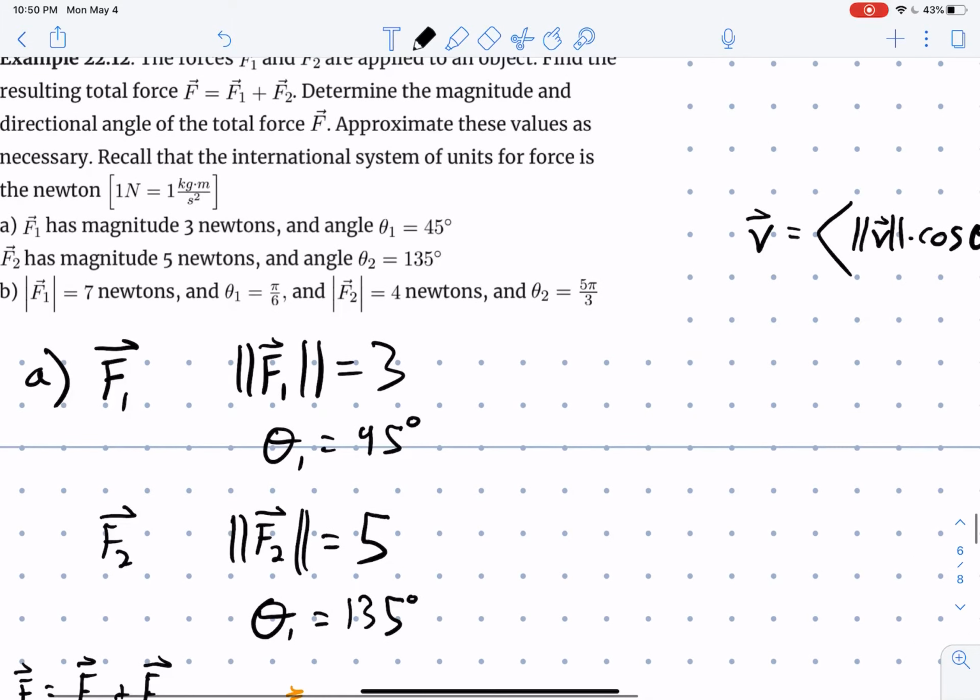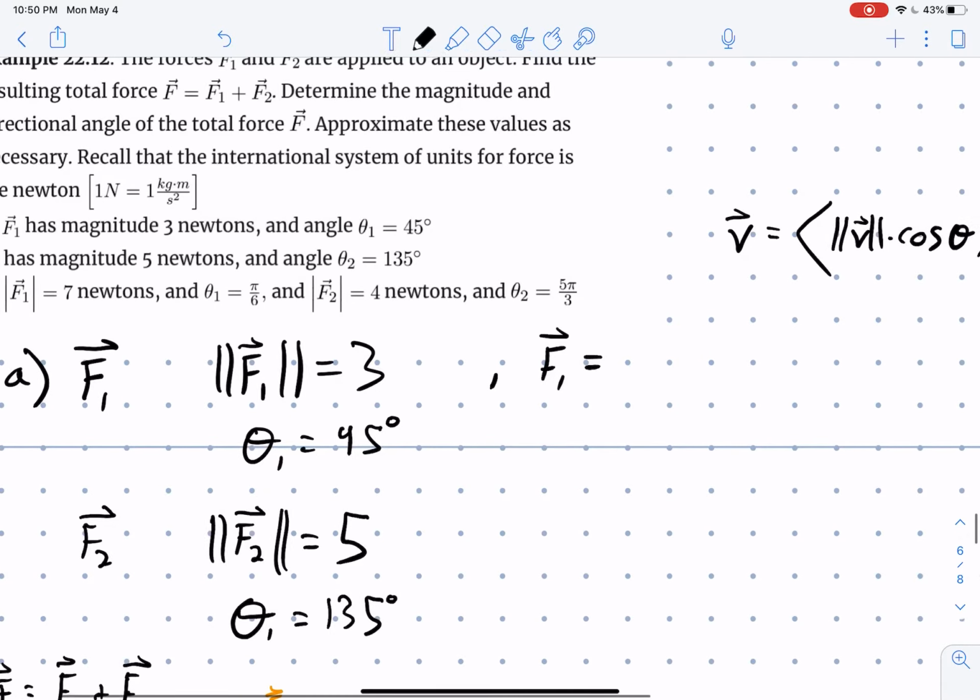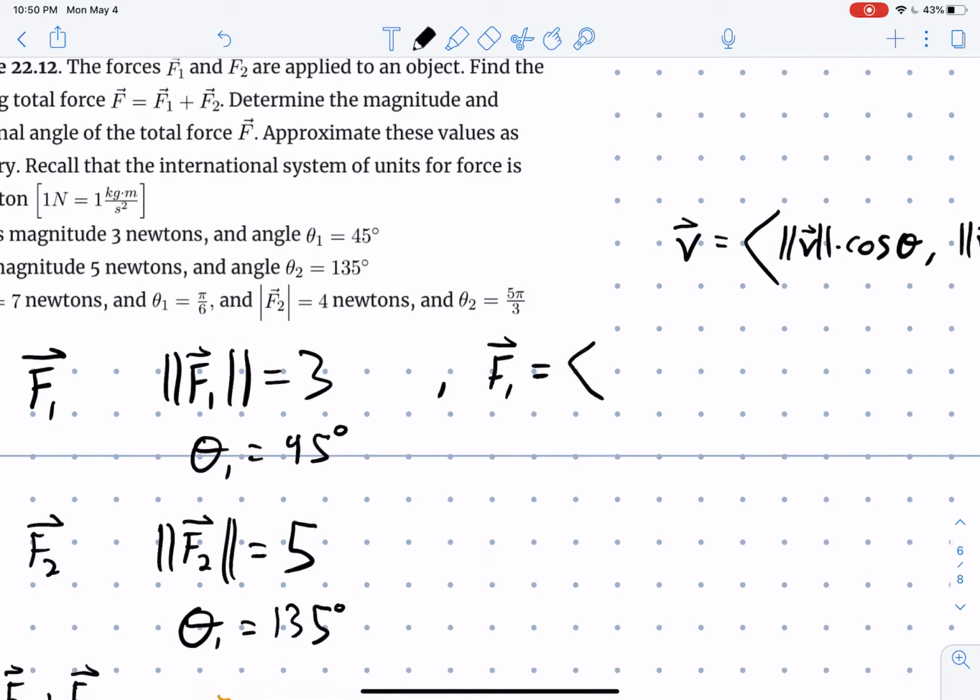So, let's go ahead and do it. This is our vector f1. It's equal to the magnitude, which is 3, times cosine of 45 degrees. And the y-coordinate is 3 times sine of 45 degrees. Now, cosine and sine of 45 degrees are equal to each other, and they're both equal to radical 2 over 2.